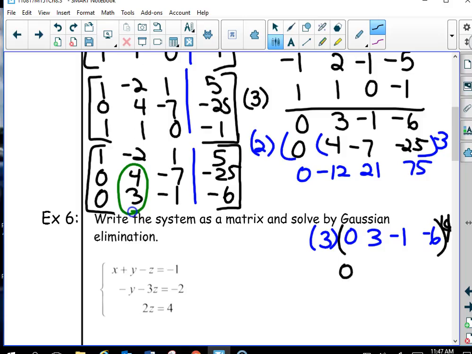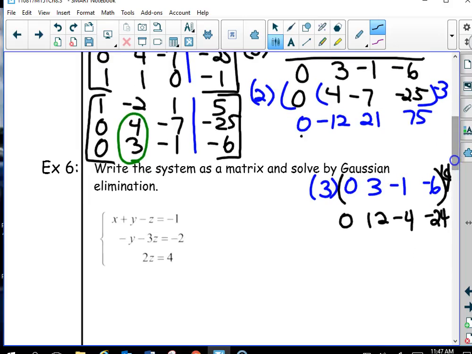So I get 0, 12, negative 4, negative 24. I'm going to combine that with my first row above. And I get 0, 0. 21 minus 12 is 9, and 75 minus 24 is 51.